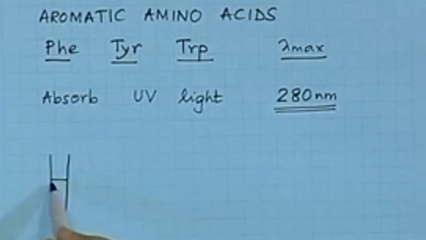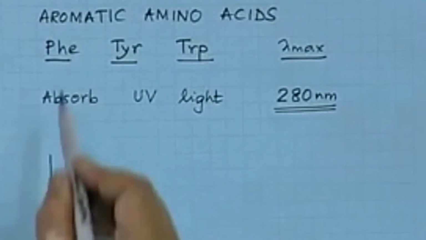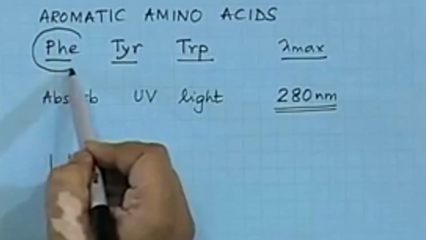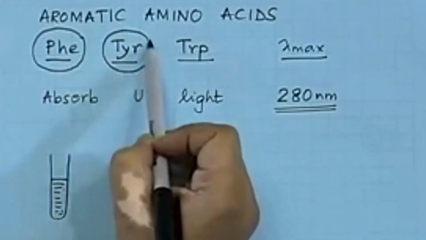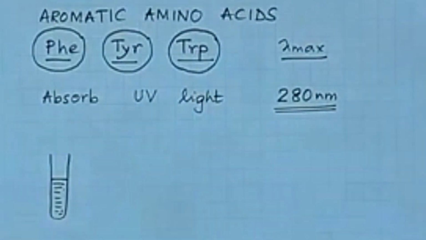to identify a protein. So, if we have a solution that has a certain amount of protein in it, we can actually determine the amount of protein present in the solution by a consideration of the number of phenylalanine, tyrosine and tryptophan that are present in the protein chain.